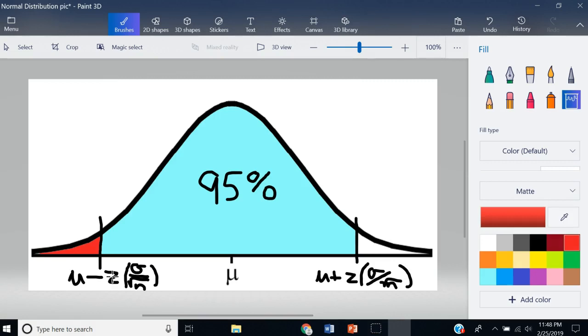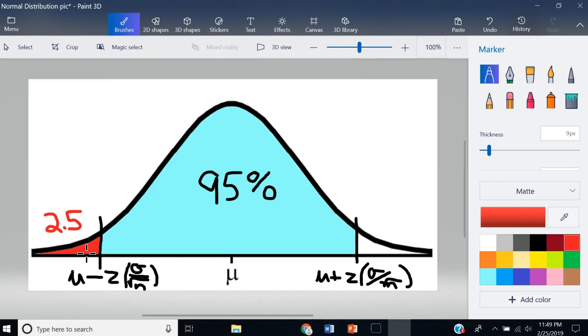So just like we did in chapter 6, where we did the inverse normal function, all we have to realize is that this is 2.5% of the data from negative infinity up to this value. So in order to find the z value, we go inverse normal, 0.025, comma 0, comma 1.